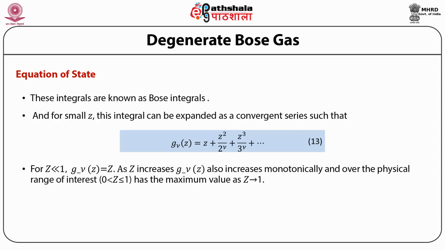As z increases, g nu as a function of z also increases monotonically, and over the physical range of interest, 0 less than z less than or equal to 1, has the maximum value as z approaches 1. For nu greater than 1, it becomes equal to the Riemann zeta function, that is zeta nu.